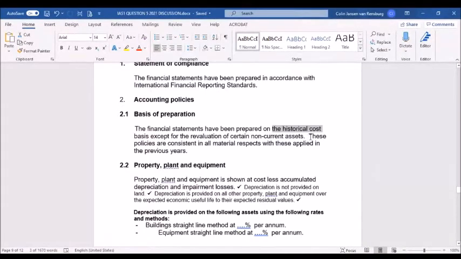So we're going to add a second sentence there. These policies, in other words, those measurement bases that we've mentioned there, are consistent in all material respects with those applied in previous years. Right, that is our basis of preparation note.